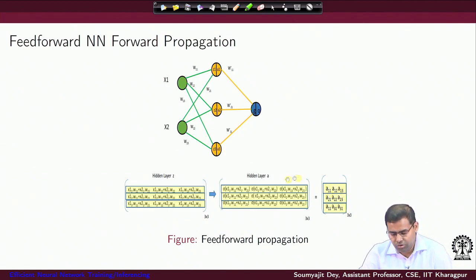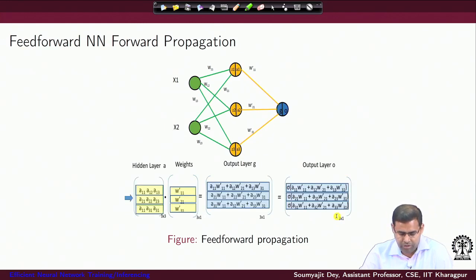This is what we are trying to show: what happens after the activation functions get applied here. So, essentially, as you can see, for A1 you will have this, next this, and so on and so forth. And then at the output layer you have these inputs coming out of the activation functions of the hidden layer.